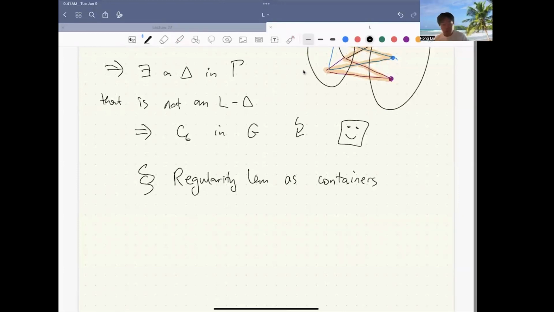So the problem is a very simple problem. In Turan's theorem, recall, it's a very natural enumeration problem.